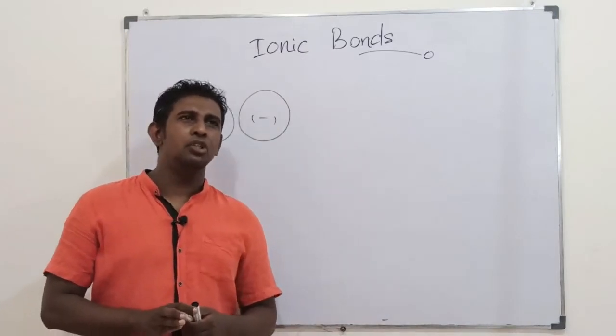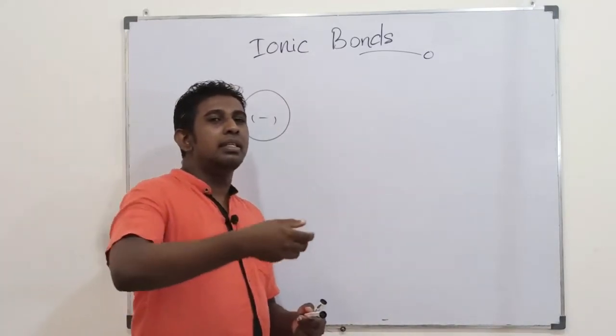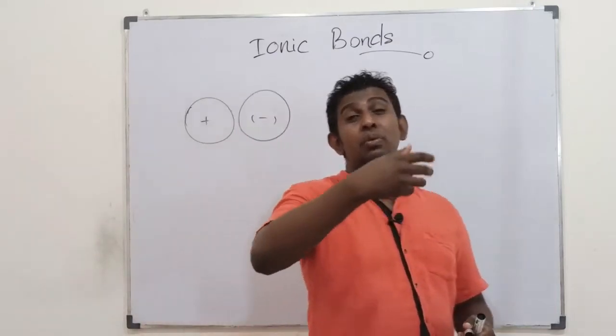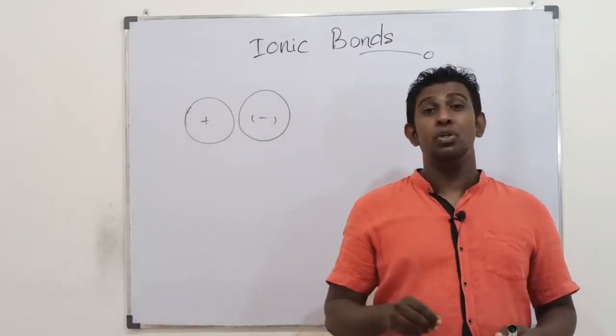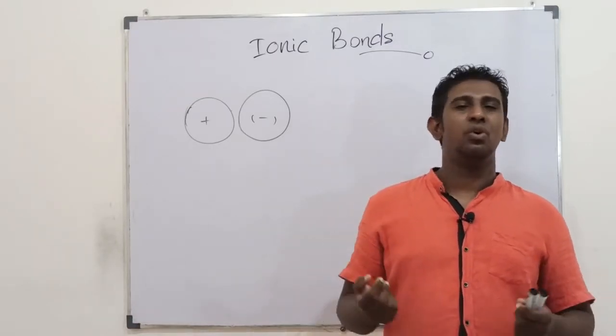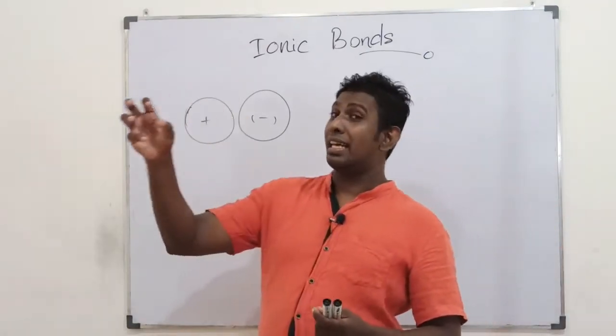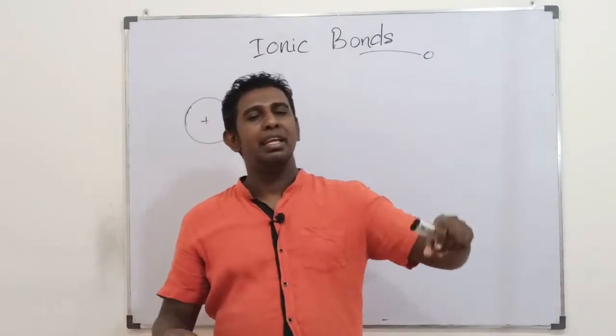We call it a uninegative anion. It could take 2 electrons and be dinegative, a 2- ion, or 3-. Such anions are also possible.